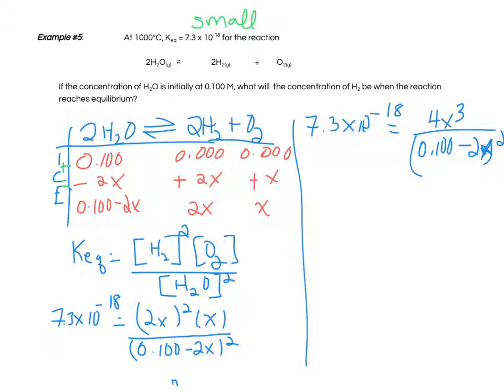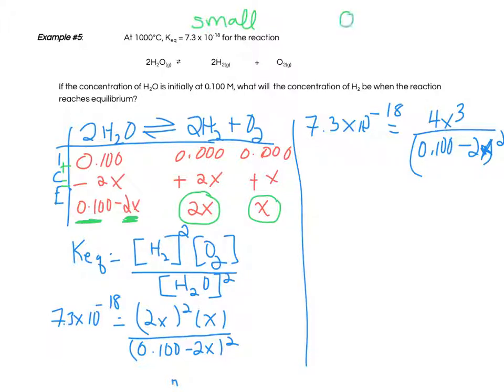So what that means for me in real terms is that the values of x and 2x will be extremely small amounts. So in other words, this little amount here, 2x, that is being subtracted from my initial concentration of H2O, 0.100, is going to be really, really, really small.